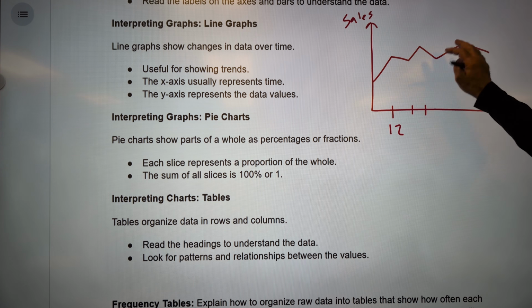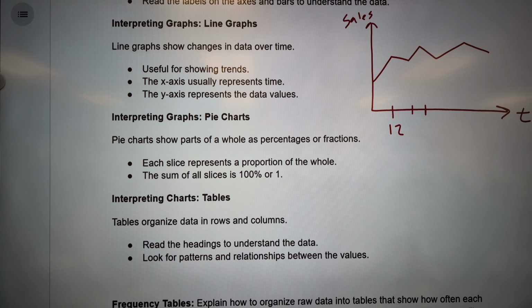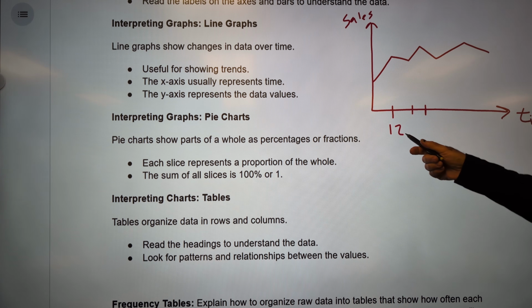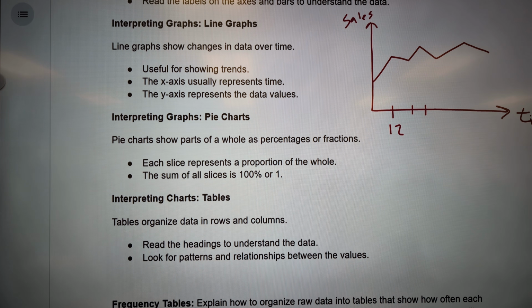So a line graph like this is really good for showing trends. A lot of the time, the horizontal axis is time. It could be seconds, minutes, days, months, years, if you're looking at a longer span of trends.